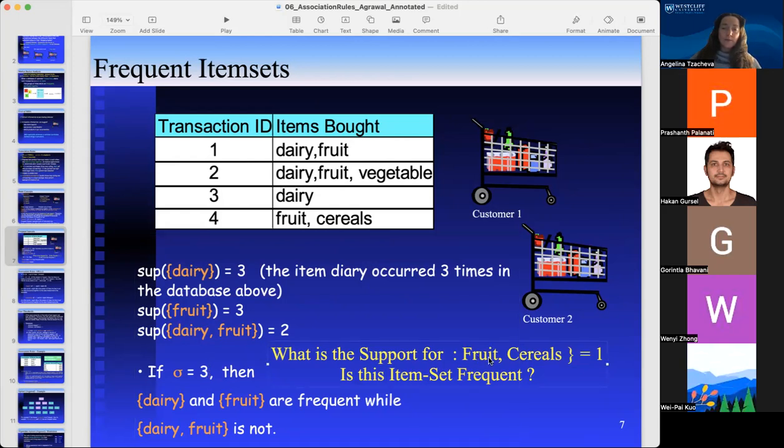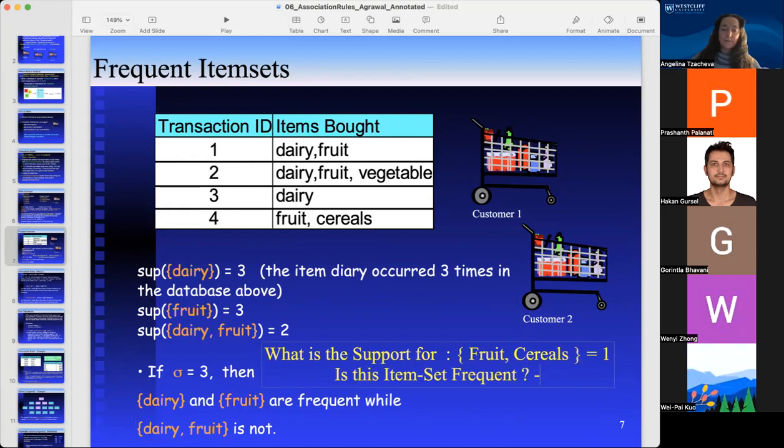Since our item set only occurred one time, and 1 is less than 3, it is not frequent.